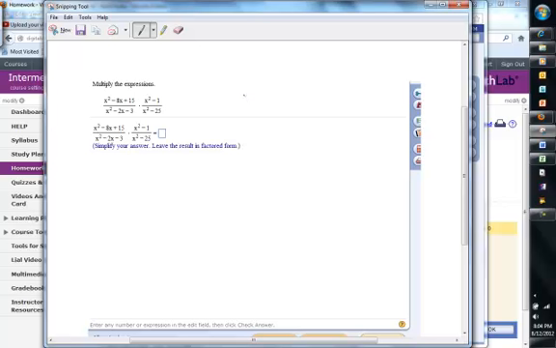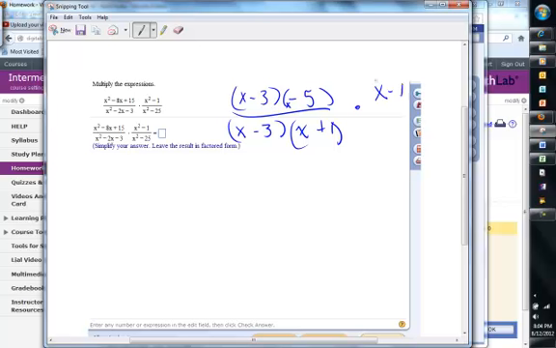So let's factor the first numerator as x minus 3, x minus 5. And then the first denominator is x minus 3, x plus 1. The second numerator is x minus 1, x plus 1.